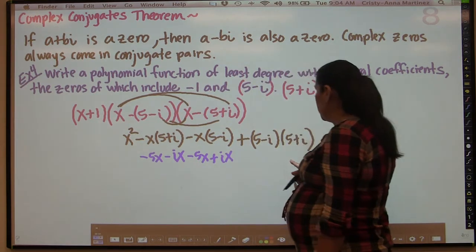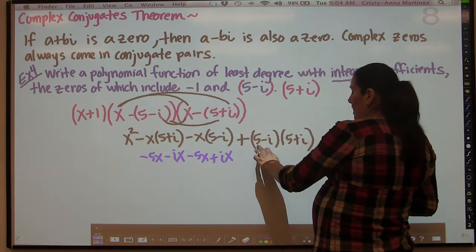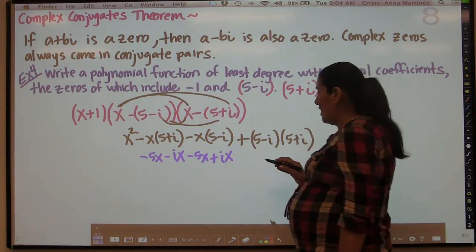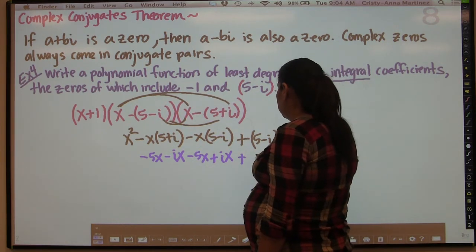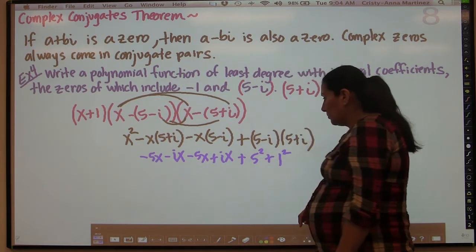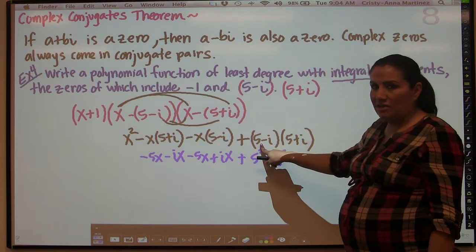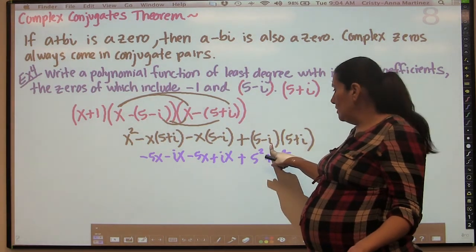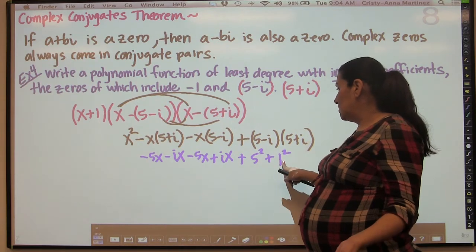And then over here, you're going to have a difference of two squares, a minus i and a plus i. And remember that we said that when we have that, you always get a squared plus b squared. So a is the 5 and b is the coefficient of i, which in this case is 1. So you go 5 squared plus 1 squared.